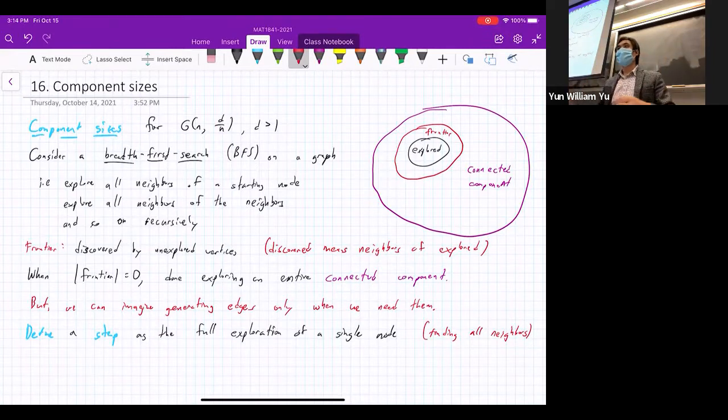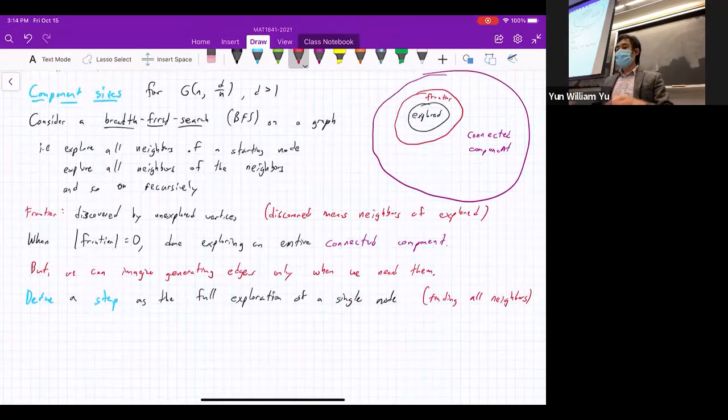You do this over and over again until there's no more frontier left to be explored. Once you've done that, you've explored an entire connected component. So we've defined some sort of iterative process, the length of which is the size of a component. Now if we can bound how long it takes for this process to terminate, then that also lets us bound the size of the first connected component we see. So that'll be our strategy.